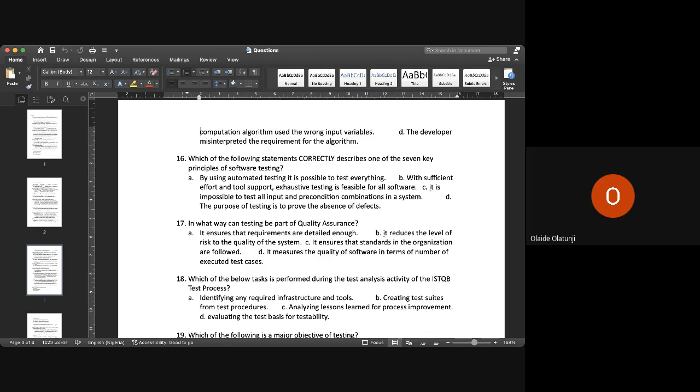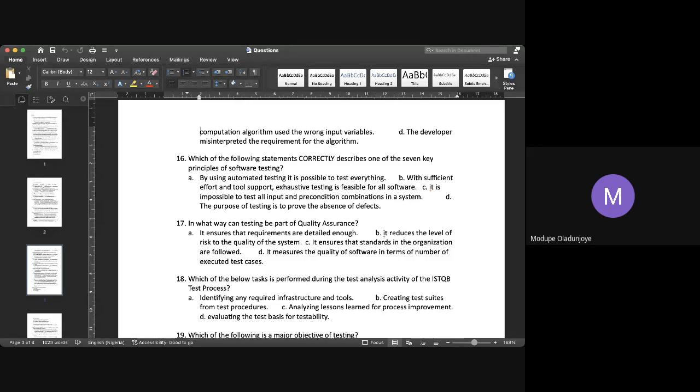In what way can testing be part of quality assurance? What did you pick? Ensures that standards in the organizations are followed. See, in what way can testing be part of quality assurance? Testing. No. Okay, not quality. It ensures that requirements are detailed enough.